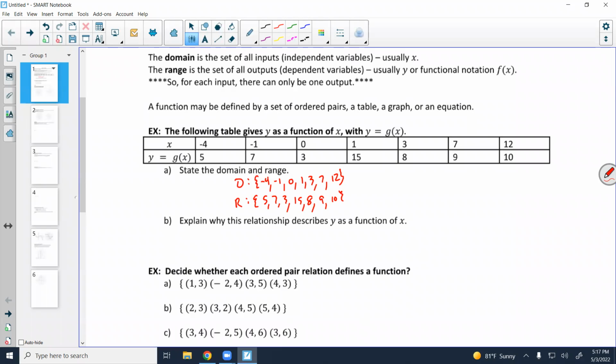So why does this relationship describe y as a function of x? Well, because y is the dependent variable. To get y, we have to input x.